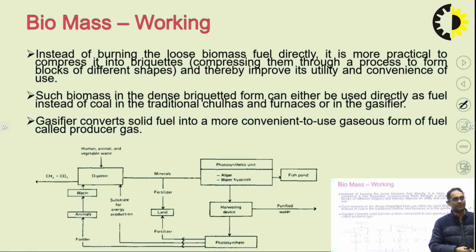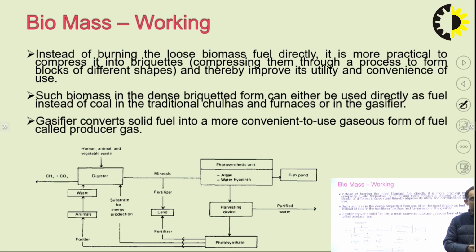Then instead of burning the loose biomass fuel directly, it is more practical to compress it into briquettes, that is compressing them through a process to form blocks of different shapes and thereby improve its utility and convenience of use.